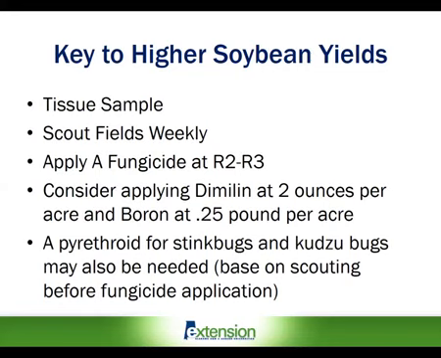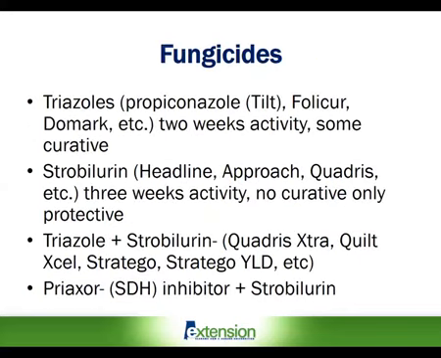Another thing is you want to be scouting very diligently during this time, because if you do have stink bugs or kudzu bugs above threshold, it's very easy to put a pyrethroid in with this fungicide application. But I would be definitely scouting every week for these insects.